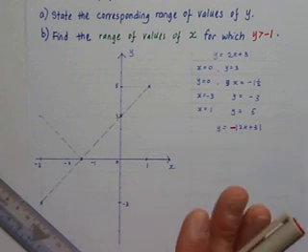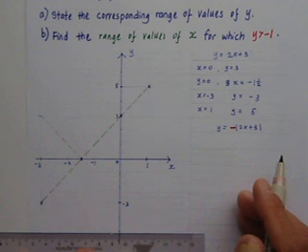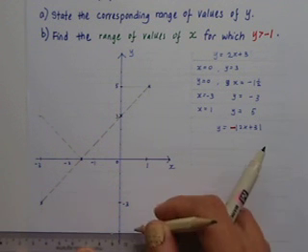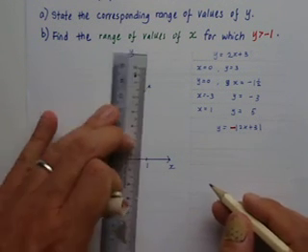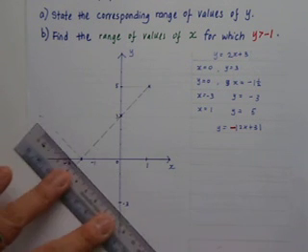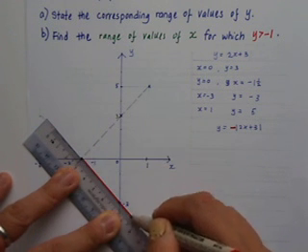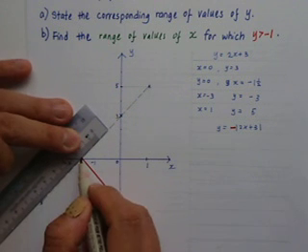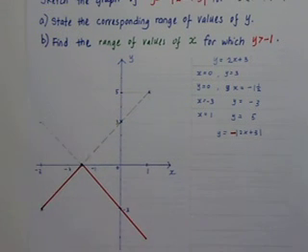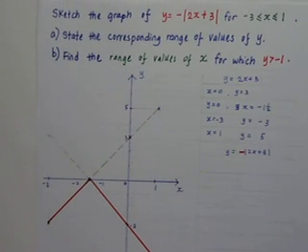Hence, we get an inverted V-shaped graph. So this is the final answer for y equals negative modulus of 2x plus 3.